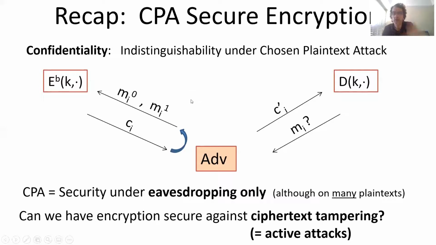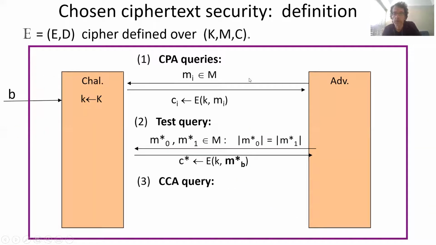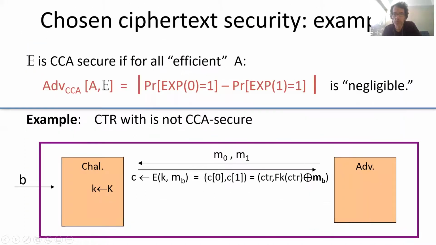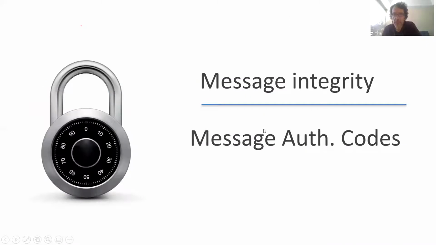Okay, so that's why we kill two birds with one stone here. Message integrity mechanisms will assure this message integrity of communication, but also we will use them to solve this CCA attack, to create a CCA attack secure encryption.